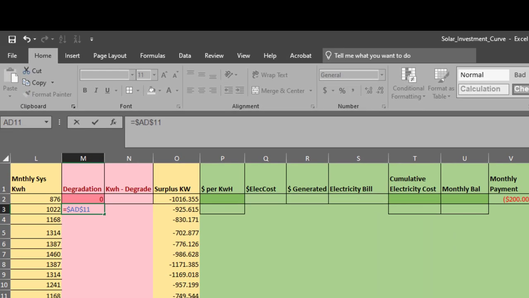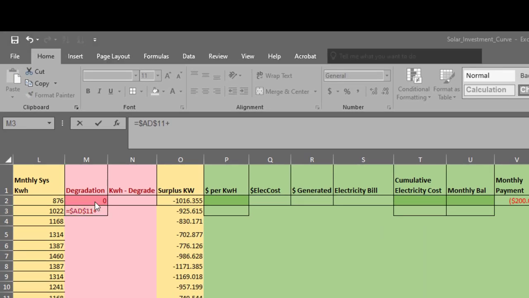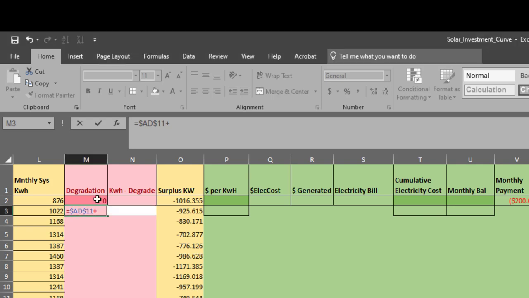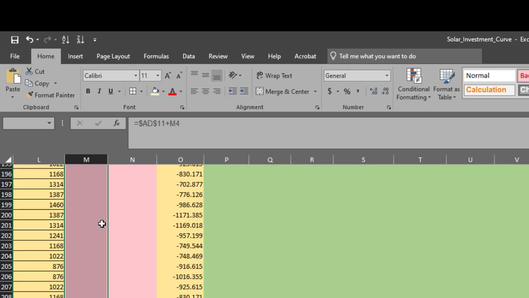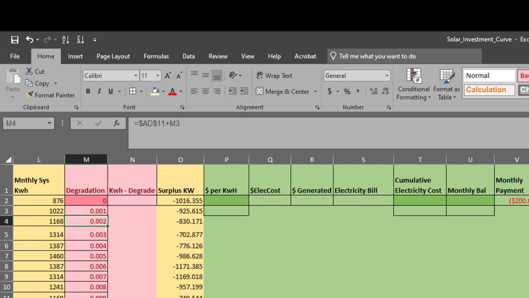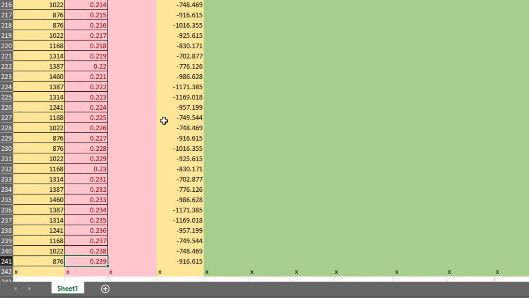We'll start with that, and then add the previous month level of degradation, and so the previous month in this instance is the very first month, which is cell M2, which was 0. We will copy this down, and we will see a slight increase in degradation as we move down. So go ahead and copy that to the rest of the column, and we would see after 20 years that there's a degradation of about 24%. So still at 75% efficiency.